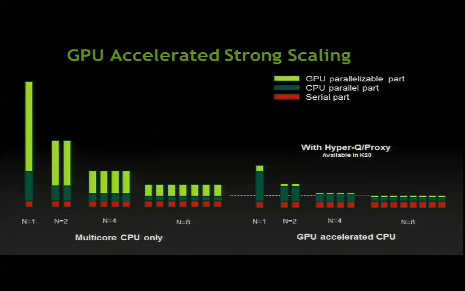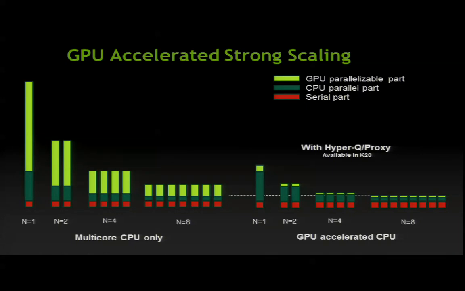Because if the dark green component was nil, then you would just see the benefit on a single rank. The overall time would still just be this amount, and so you would be faster with a single GPU and a single MPI rank per node. You would be faster than doing the work on 8 CPU cores.